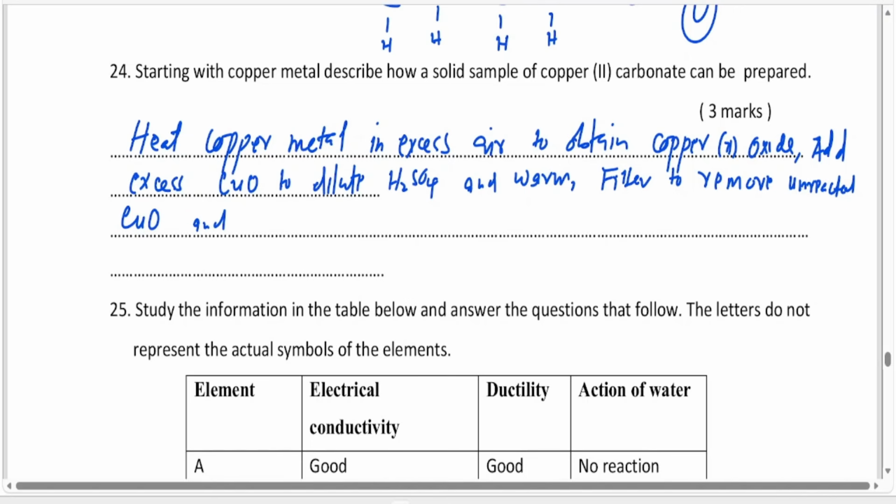And add excess sodium carbonate solution.